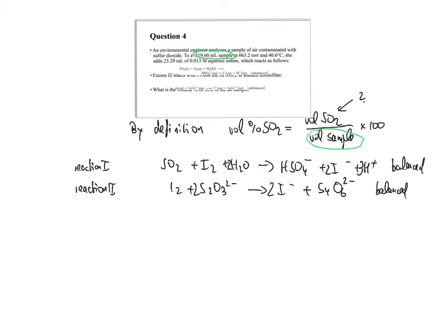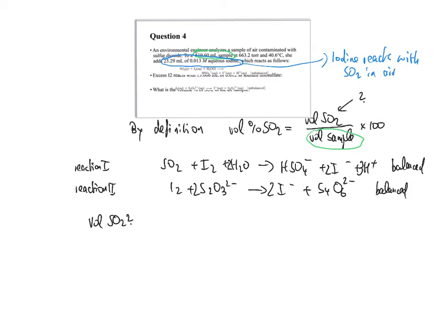Now we need to think about the science part. How do I get the volume of SO2? Well, in this case, that is very simple, because basically what we have is an indirect titration. We have a sample, and to this sample we're adding iodine. Iodine is I2, and when we add this to the sample, the iodine reacts with the SO2 in air.